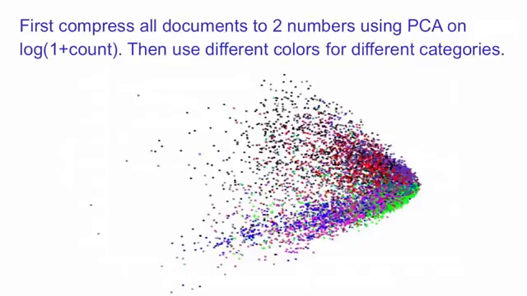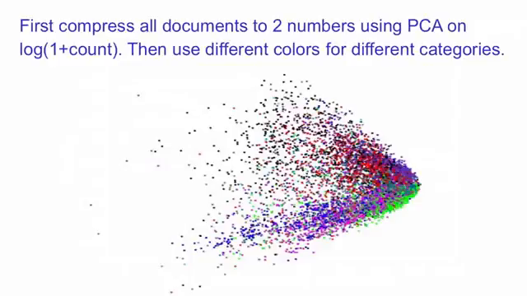We can also do the same thing where we reduce to 2 real numbers, and then instead of doing retrieval, we're just going to plot all the documents in a map. But we're going to colour that 2-dimensional point that corresponds to the 2 numbers produced by PCA by the class of the document. So we took the major classes of the documents, we gave those major classes different colours, and then we used PCA on log of 1 plus the count.